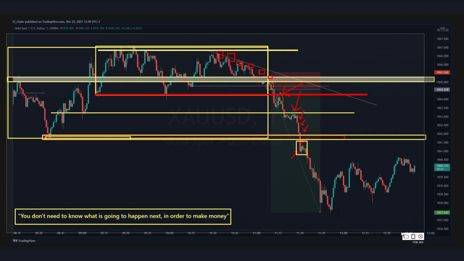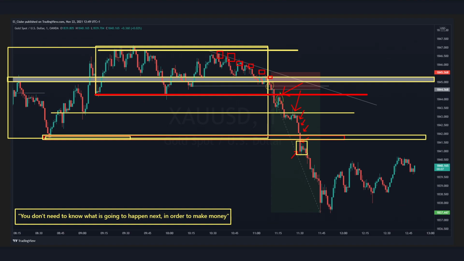Let's move on to the next one. Also, you can see how this price sensitivity area tapped exactly this previous one. So we can have likelihood that the price will continue down. Yes, but the bearish momentum is rolling down.